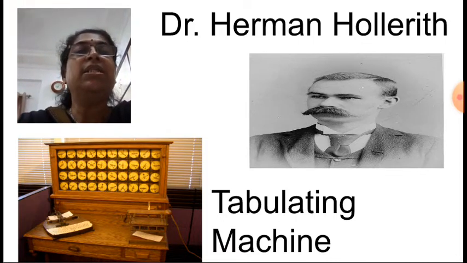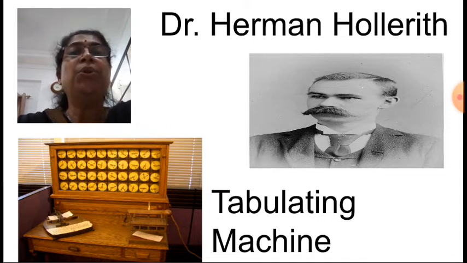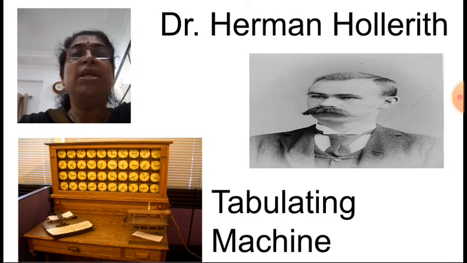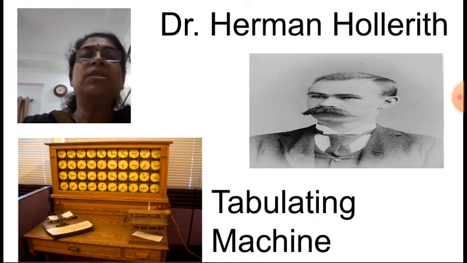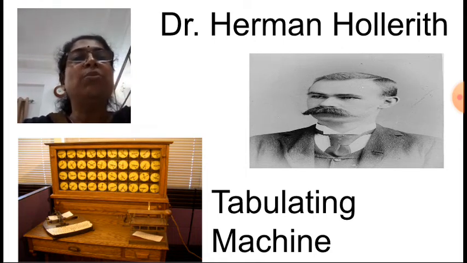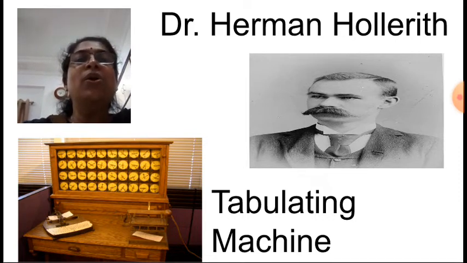Somewhere in 1880, Dr. Herman Hollerith invented one machine called the tabulating machine. This machine could read the data, take the input, process it, and give the output. For inputting the data or instructions, he used punch cards. For storing and recording also, he used punch cards.